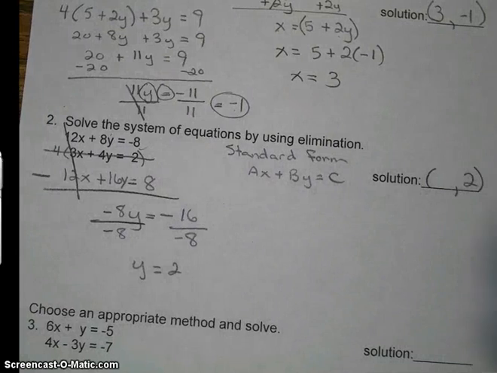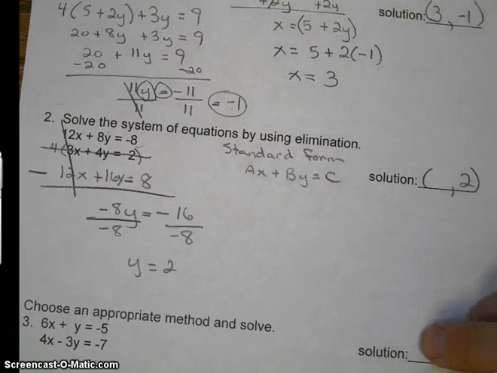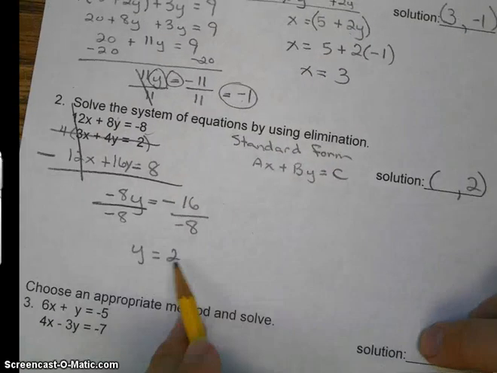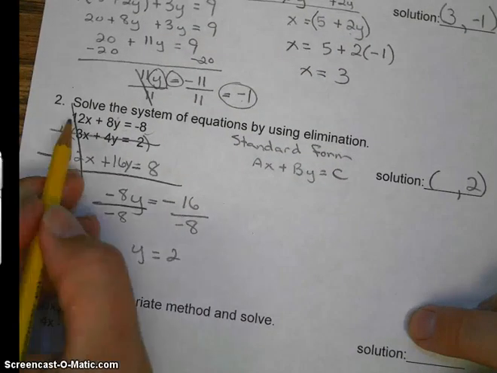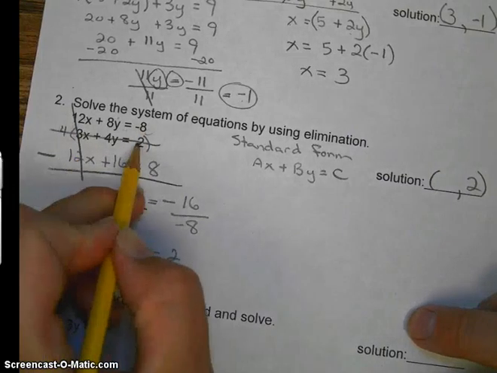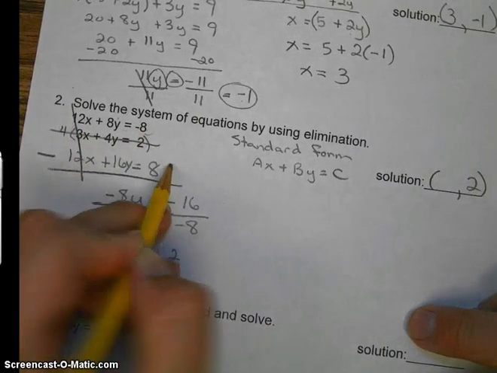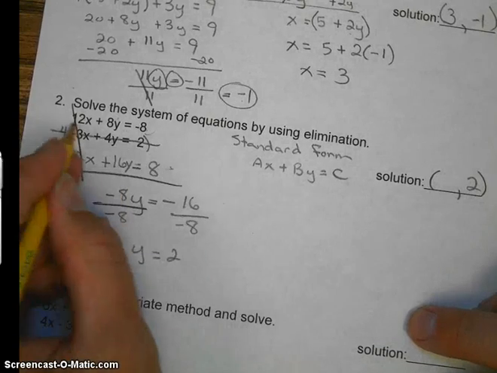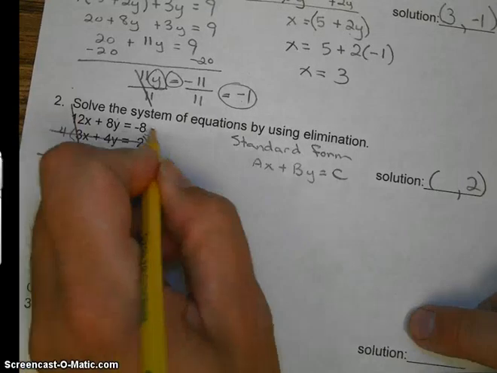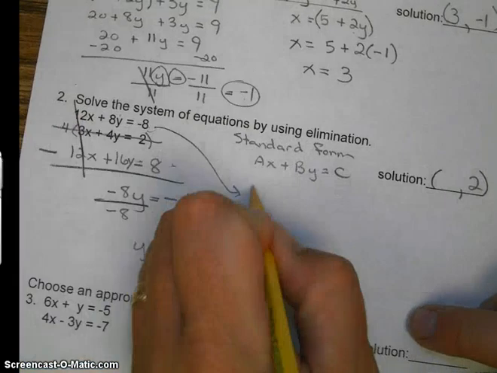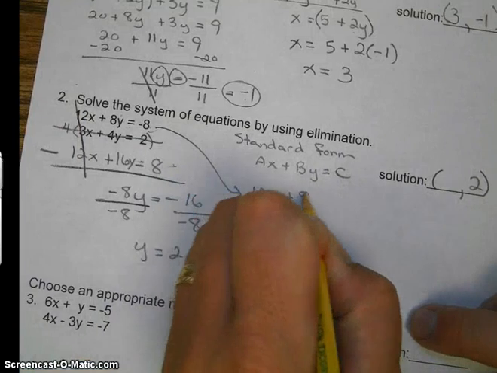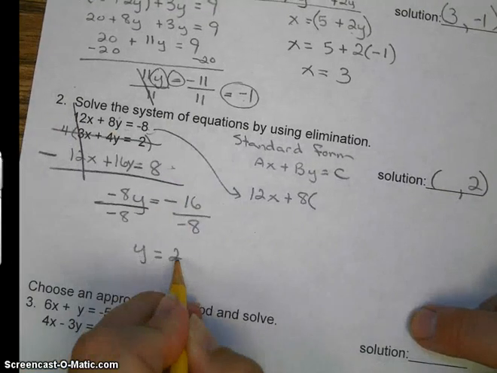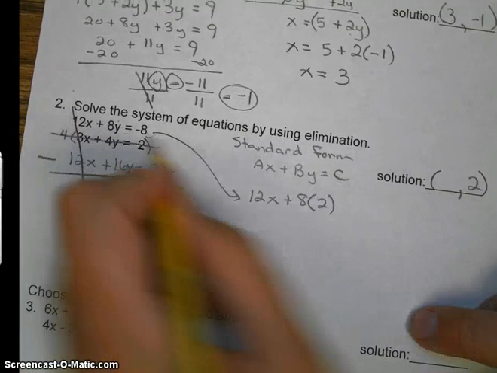Now to find x. Not as easy as substitution. We're going to plug it back into this equation, or this equation, or this equation. It doesn't matter. I'm going to plug it in the first one, just because that's what I decided. 12x plus 8 times y equals 2 equals negative 8.